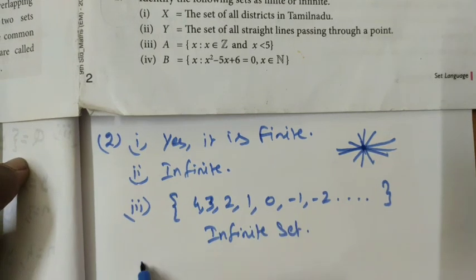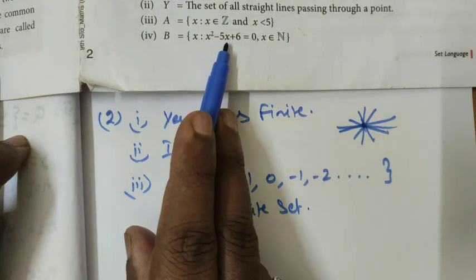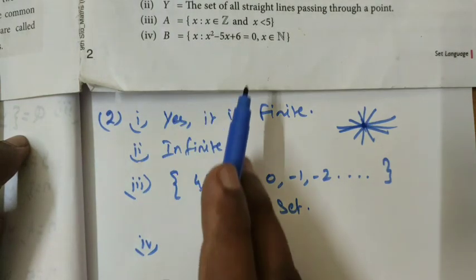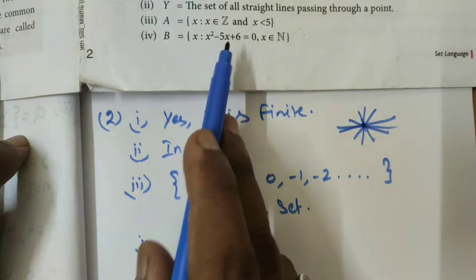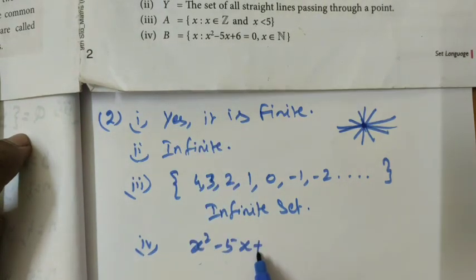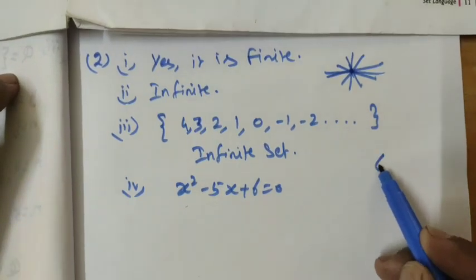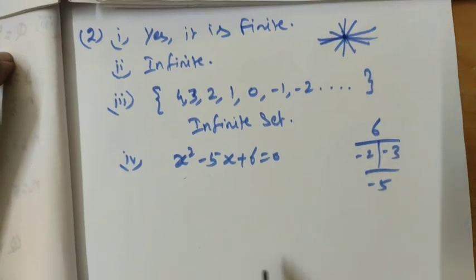And then fourth Roman number, B is equal to {x such that x square minus 5x plus 6 equal to 0, x belongs to N}. So clearly it is a factorization problem. x square minus 5x plus 6 equal to 0. When we factorize this, we get minus 2, minus 3.